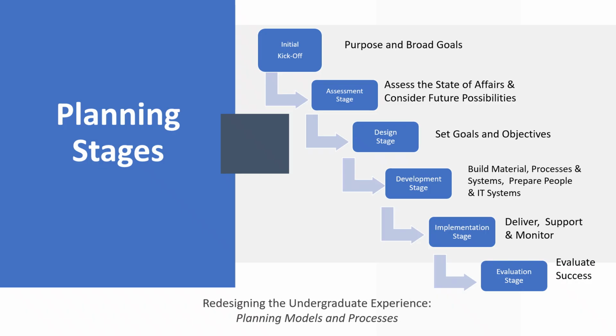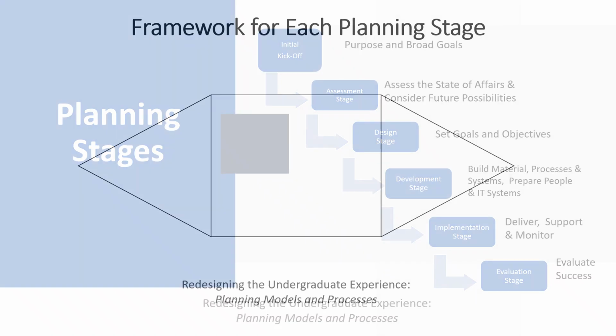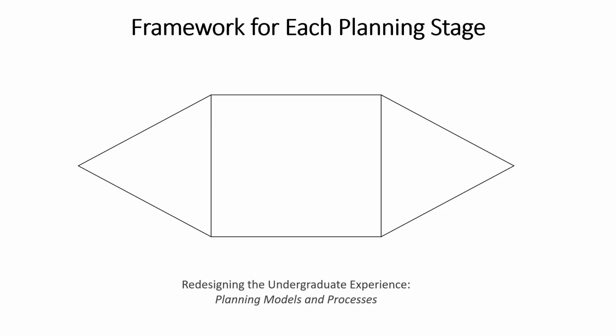Organizing the planning process into a series of stages not only provides a roadmap for team members to follow, but also keeps team members focused on achieving specific outcomes for each stage of planning. Although each stage may have a different name, purpose, and desired outcome, it is often helpful to organize each stage of the planning process using the following framework.